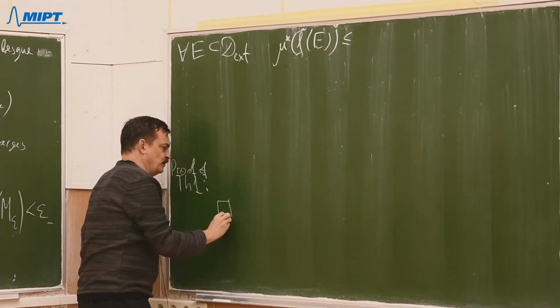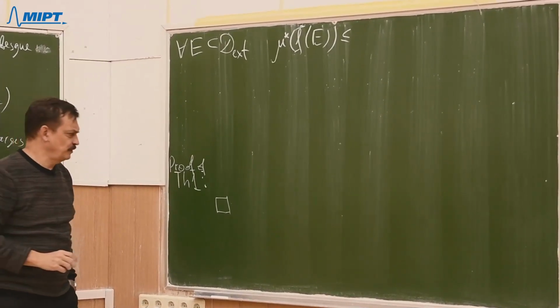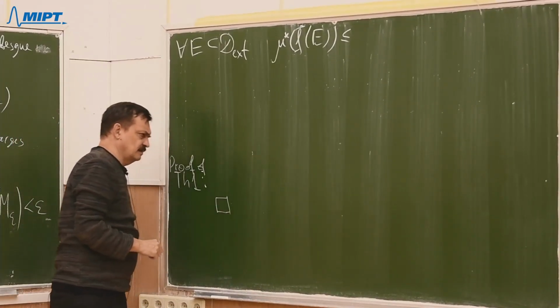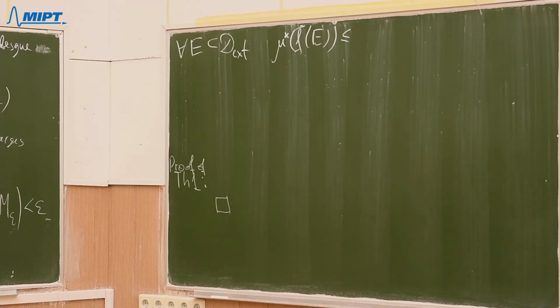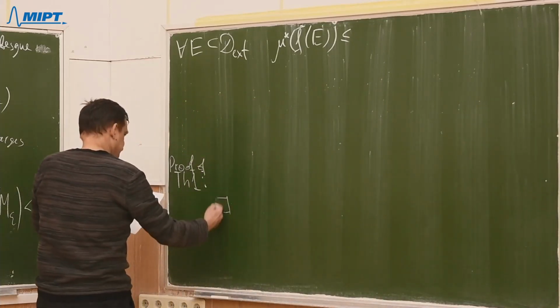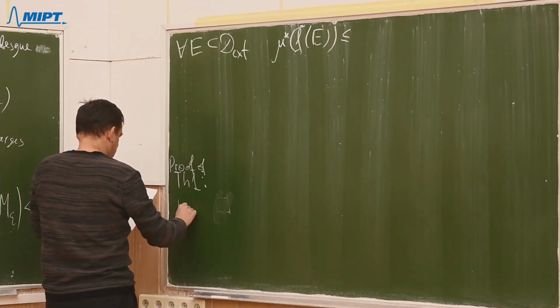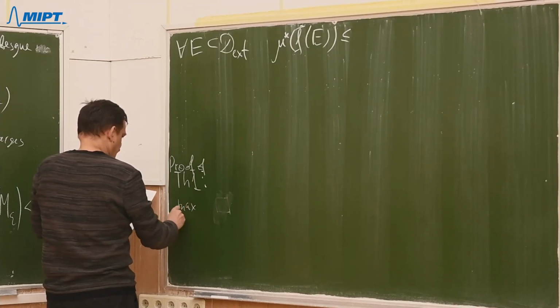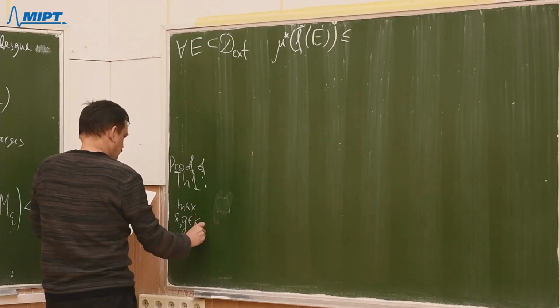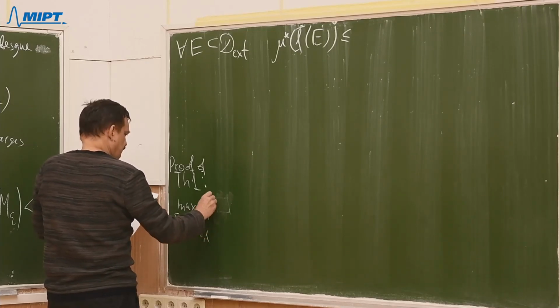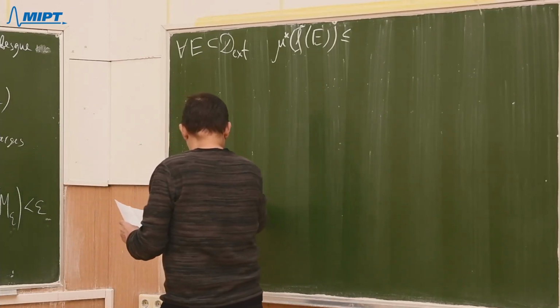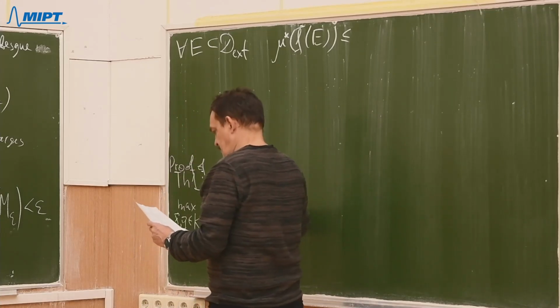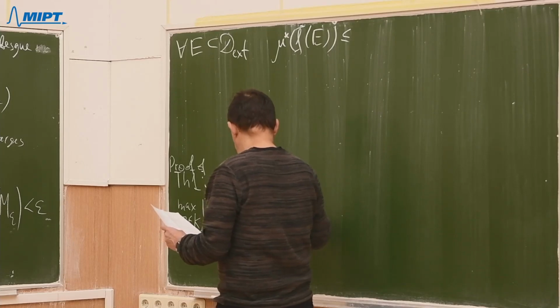I had a small cube, and we observed, let me cite this inequality: the maximum over x, y in the cube of delta, of |f(x) - f(y)|, is less or equal to M square root of m n delta.